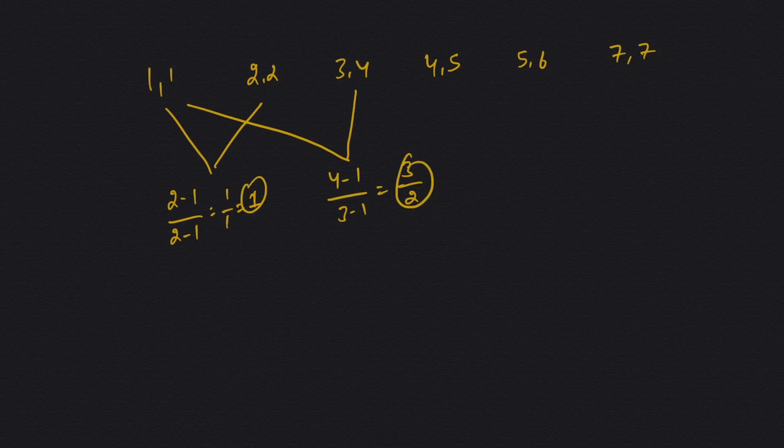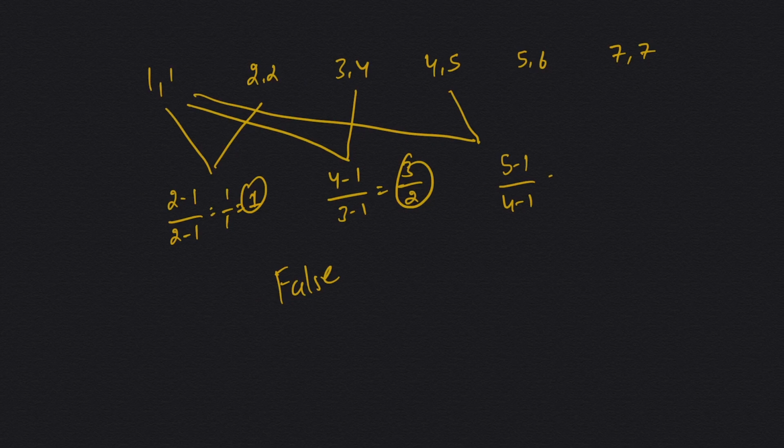So we can clearly return false here. If you want to check further, for 4 and 5, it is 5 minus 1 over 4 minus 1, that is 4 by 3. Again, this is not the same as 1, and the same goes on. So we can simply return false if the slope is not the same.